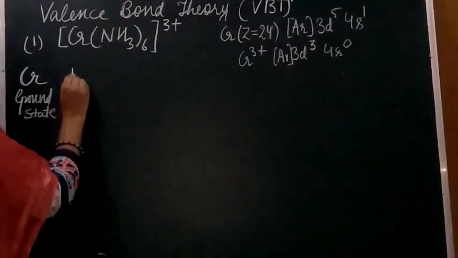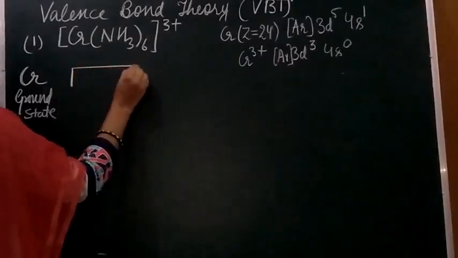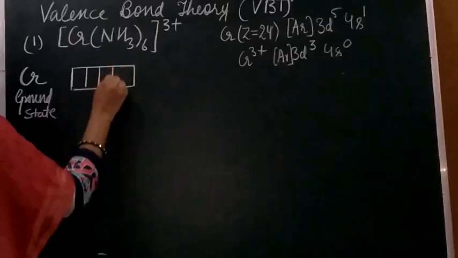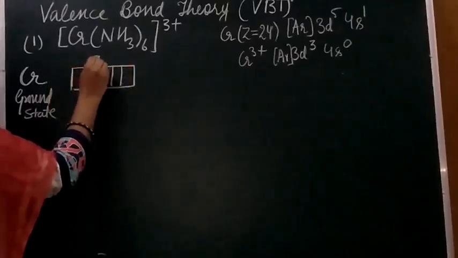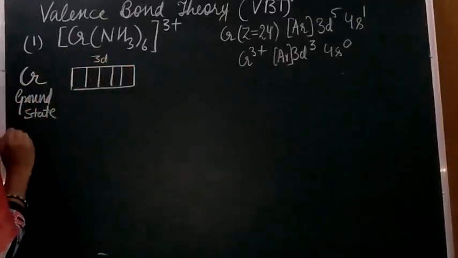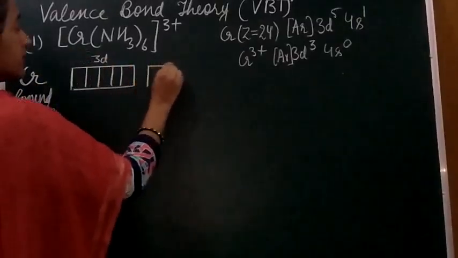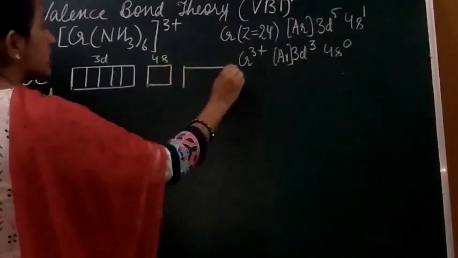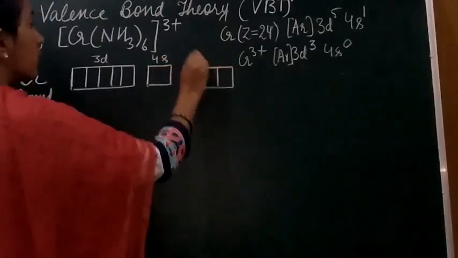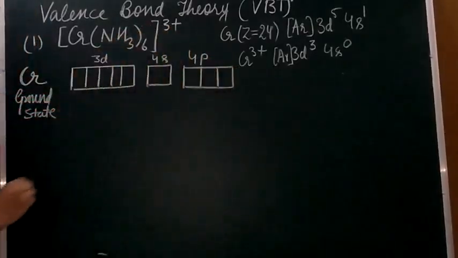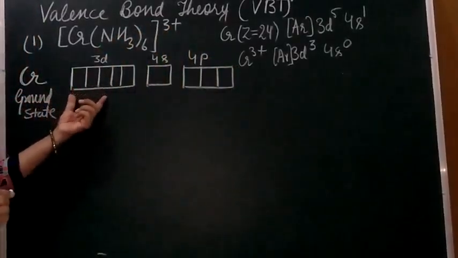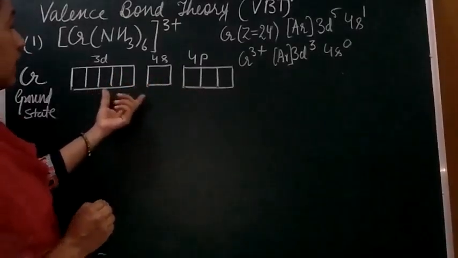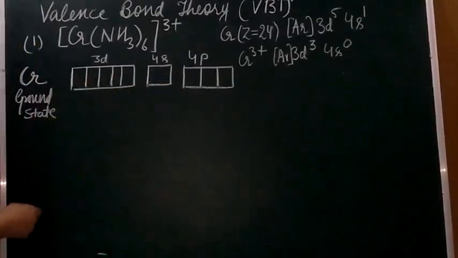So we are having 3d, right? This is the 3d subshell and this is 4s and this is 4p, right? So we have plotted 3d, 4s and 4p. We are plotting only the valence shell orbitals here.